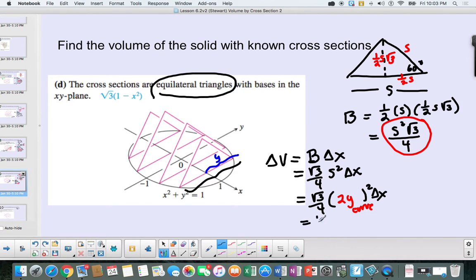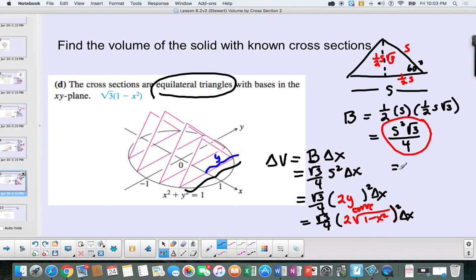So now we'll have root 3 over 4, and then this is going to be 2, and then our square root of 1 minus x squared, quantity squared delta x.